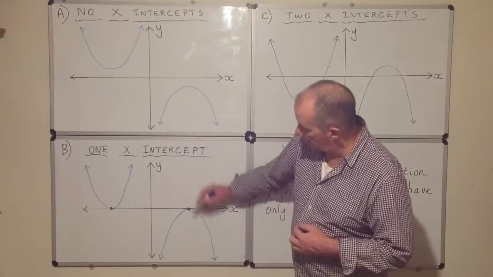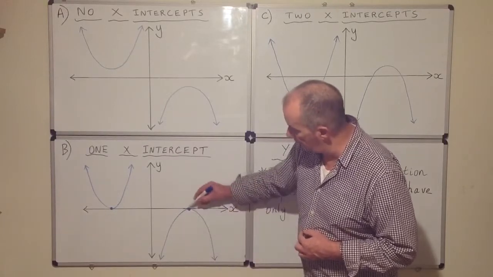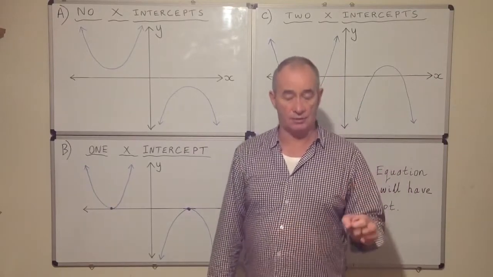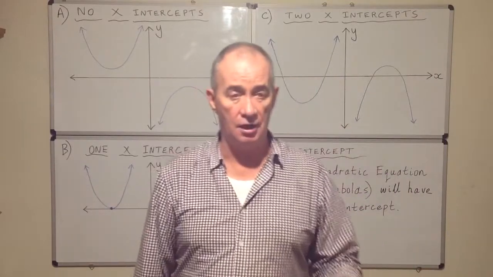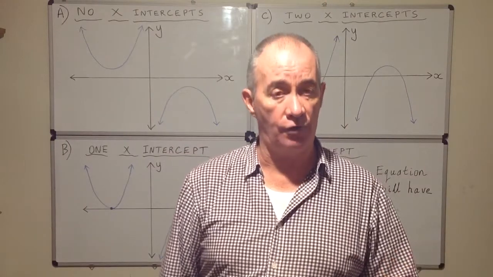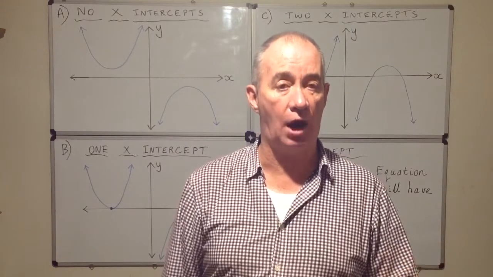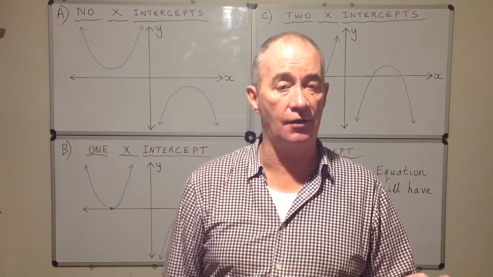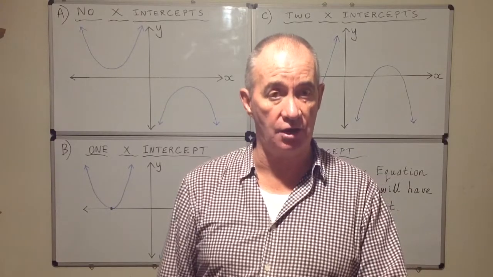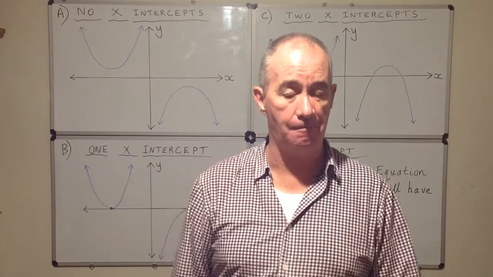So that's the second possibility for the number of x-intercepts that the graph of a quadratic equation can have. Some of them only have one x-intercept, and they are the ones where the graph just touches the x-axis at the turning point of the parabola.